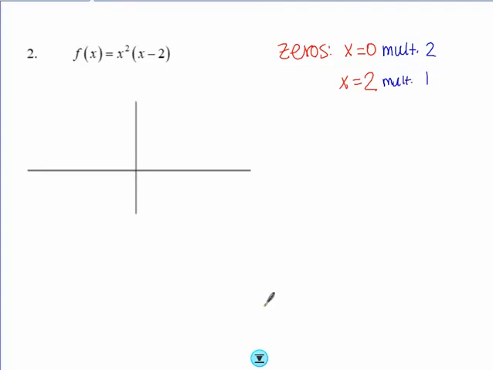So I know that my graph is going to touch the x-axis at 0 and cross the x-axis at 2. Since 0 is one of my zeros, that means our y-intercept is also the point 0, 0.